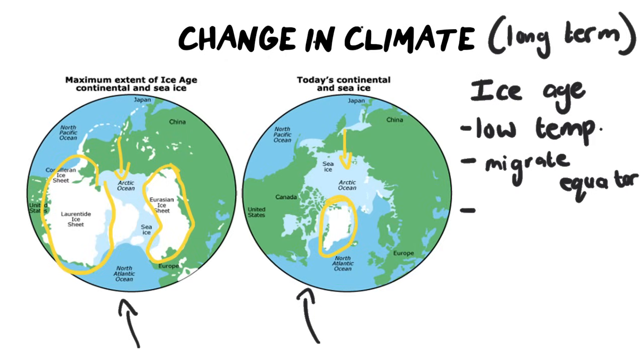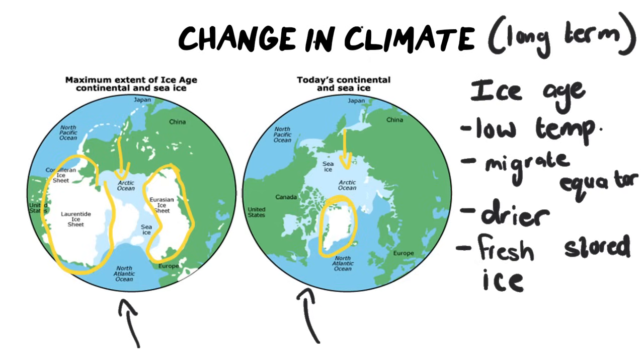The next thing, which is very interesting, is during the Ice Age, the rainfall is actually much lower and it's drier. And that is because the majority of the fresh water is stored in the ice. Now, this also has another domino effect. Because there's so much water stored in the ice, the ocean levels, they actually drop.